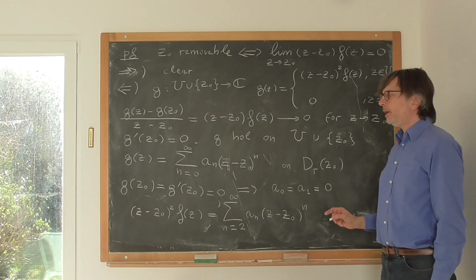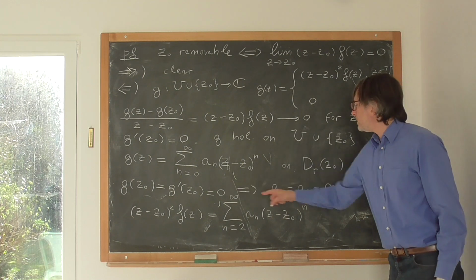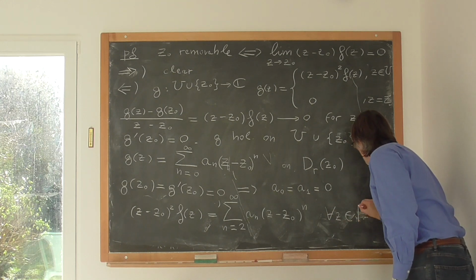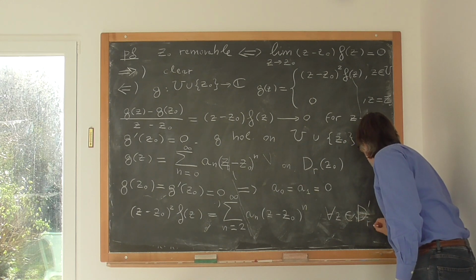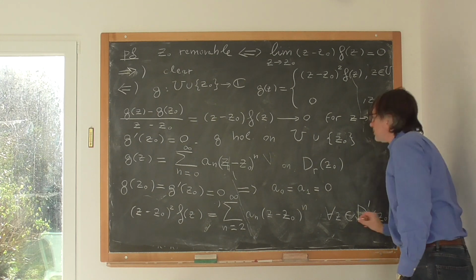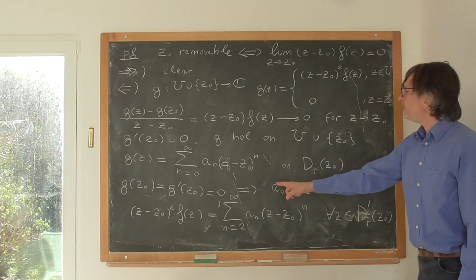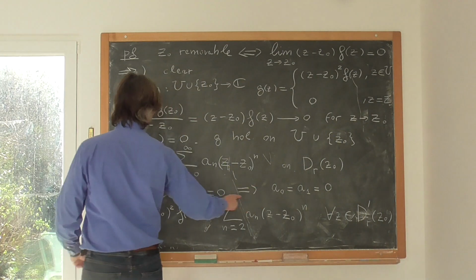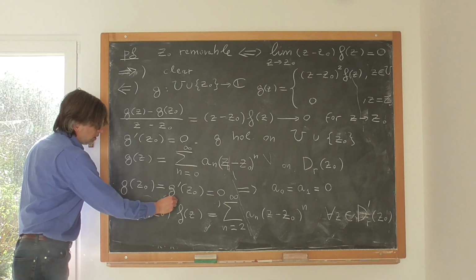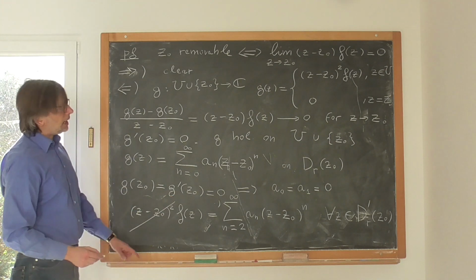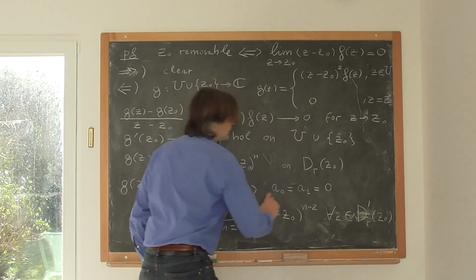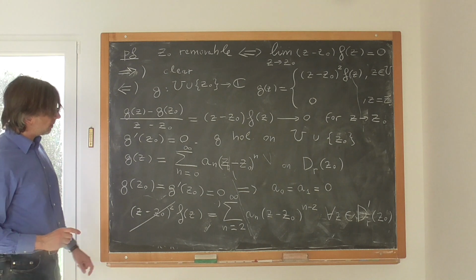And now this equality holds for all z in the punctured disk D prime r of z naught. If we divide both sides by z minus z naught squared, this goes away, and here we get an exponent n minus 2.